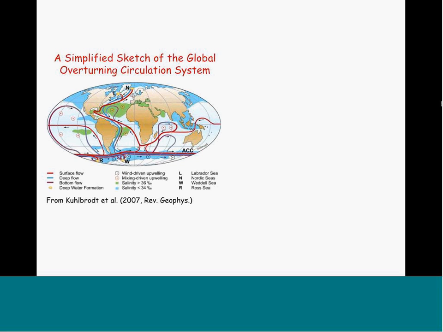You've probably seen various versions of this particular figure, showing a simplified sketch of the global overturning circulation system. This particular one is from Kuhlbrodt et al.'s review paper from 2007.